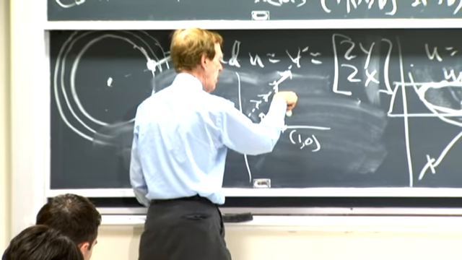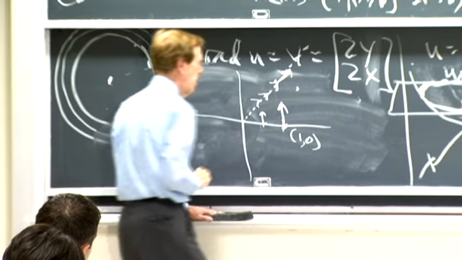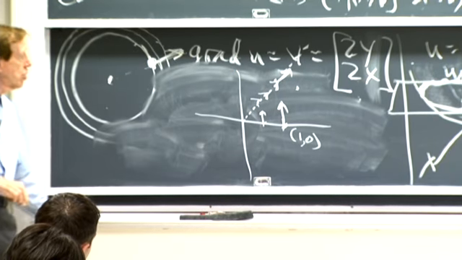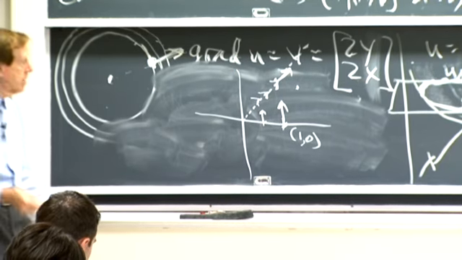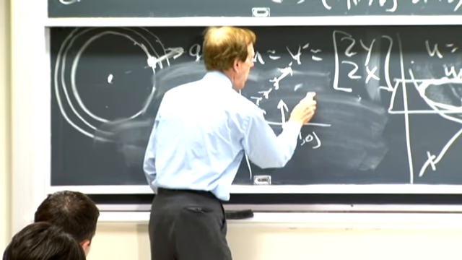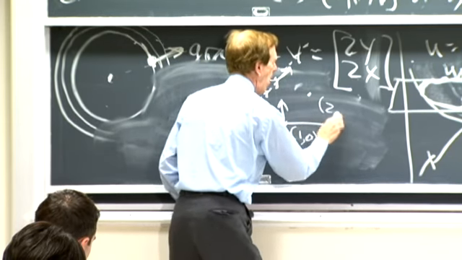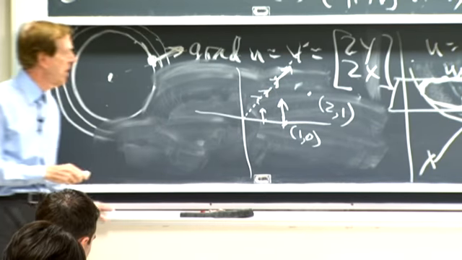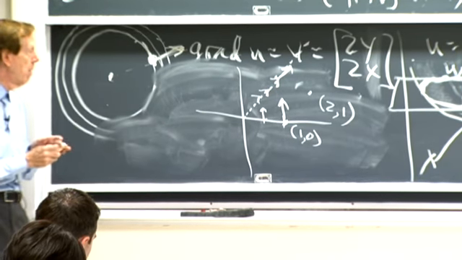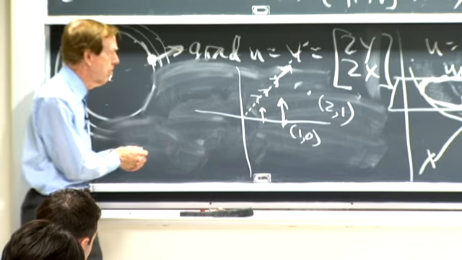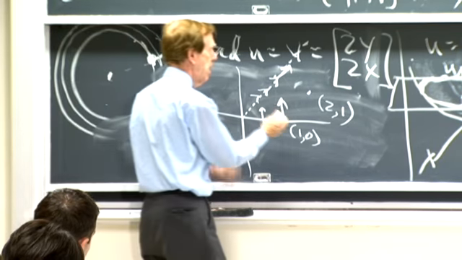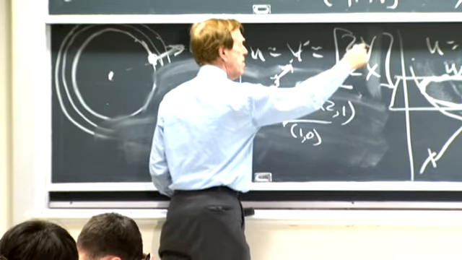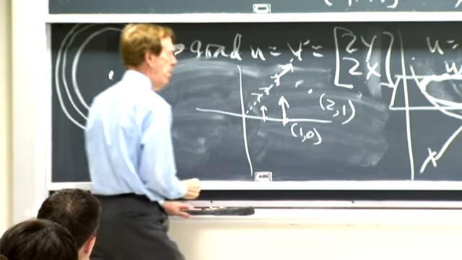Can you give me some other point here just so we get some handle on this? How about the point 2, 1? What's the vector if I just want to draw? I'm just drawing here, and of course code would do it much better than I'm doing. 2, 1 gives me 2, 4, right?